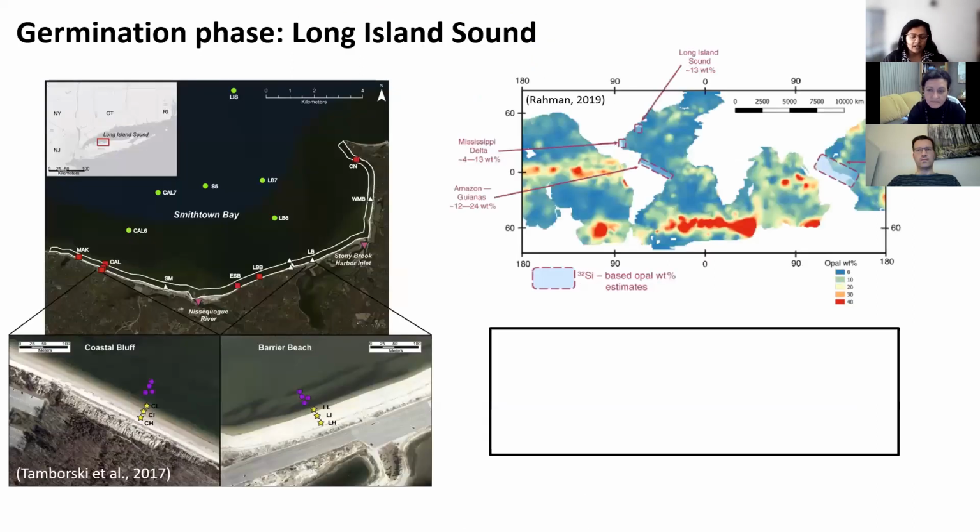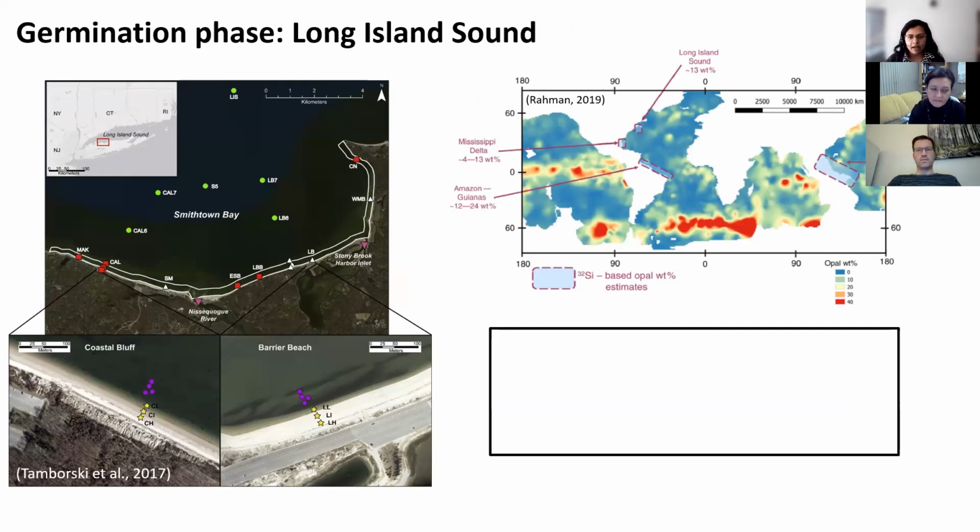So this project started as a study of Long Island Sound. At the time, Joe Tamborski was working on a radium radon mass budget for this part of Long Island Sound. And he was also looking at nutrient fluxes, specifically nitrogen.